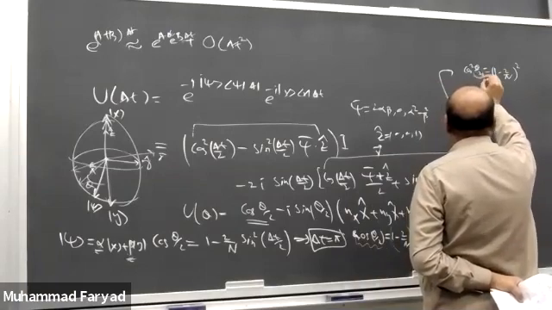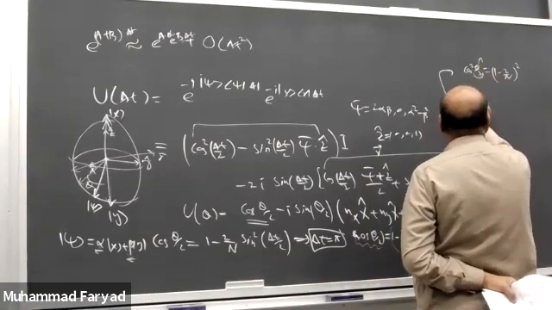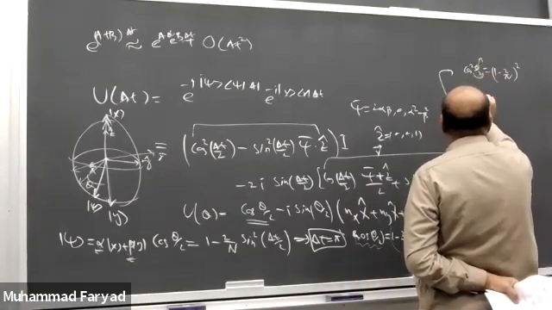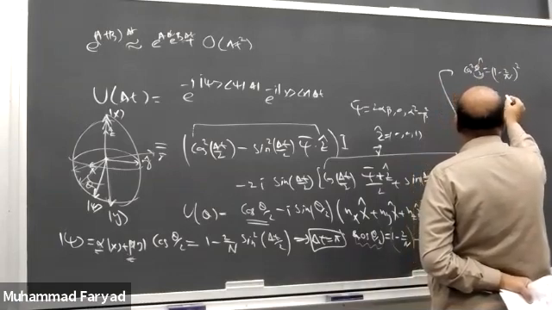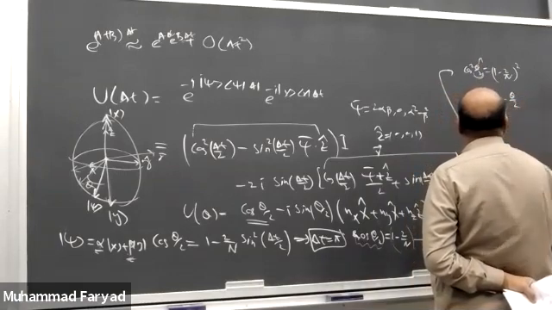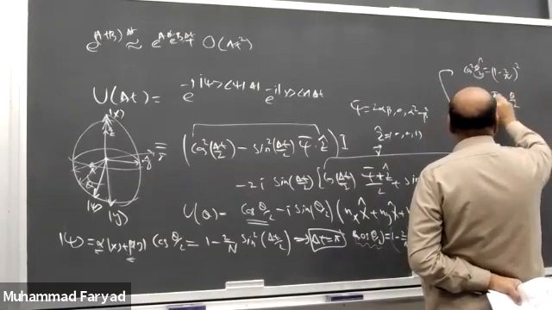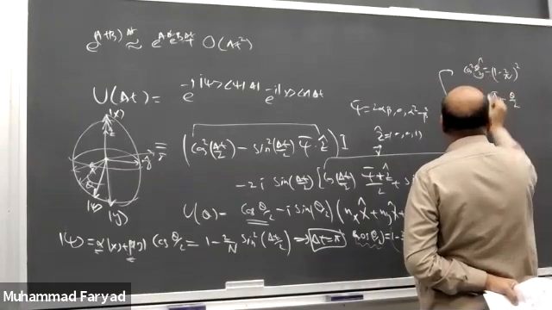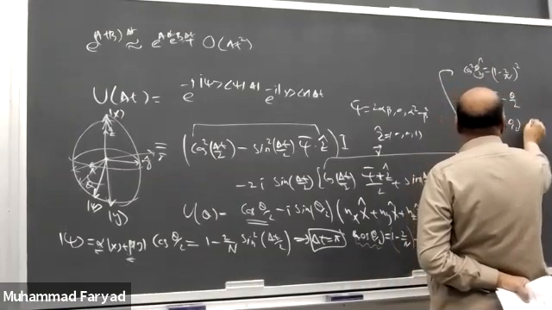So this is close to pi by 2. So let me write it as some alpha equal to pi by 2, let's say, minus theta by 2. Since this is close to pi by 2, it means alpha is small, so we can expand cos of pi by 2 minus theta by 2.